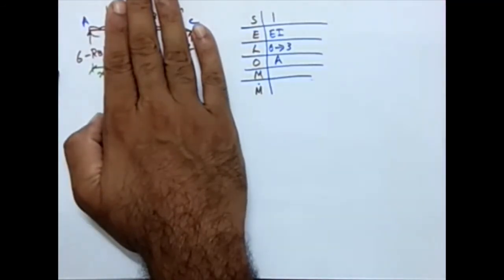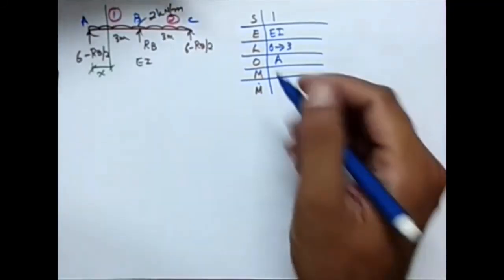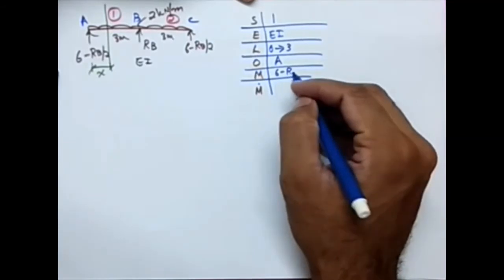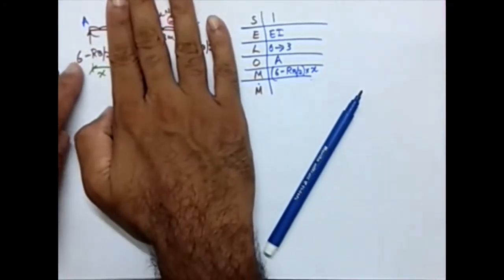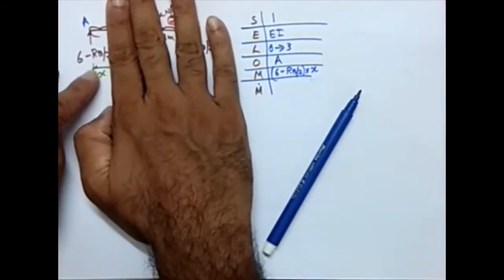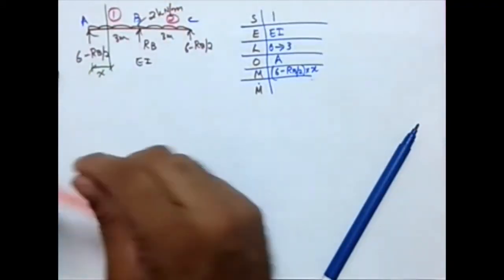I'm taking one at a time. First I'm calculating the effect of 6 minus RB by 2. So what will I get? 6 minus RB by 2 times x. 6 minus RB by 2 is the force, x is the lever arm. Multiplying this, I'll get the moment. What about the direction?